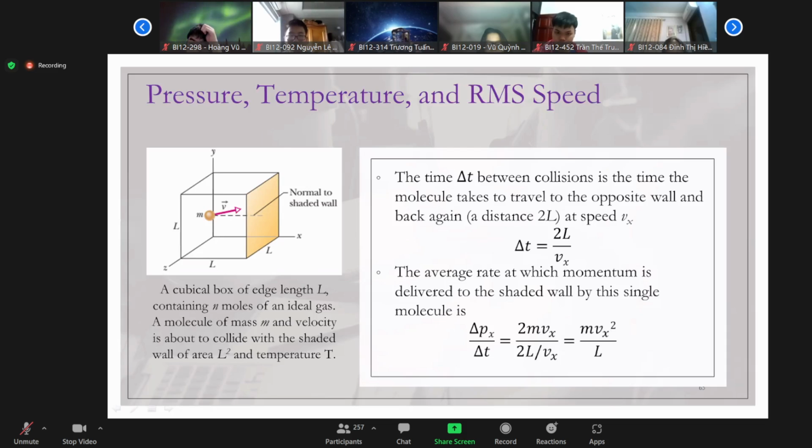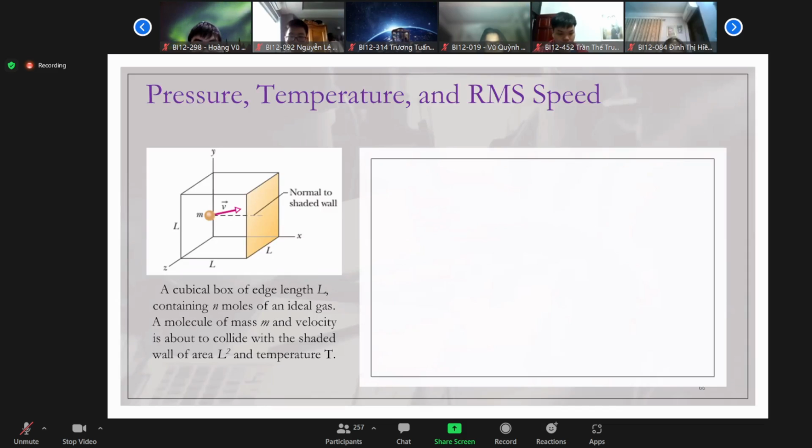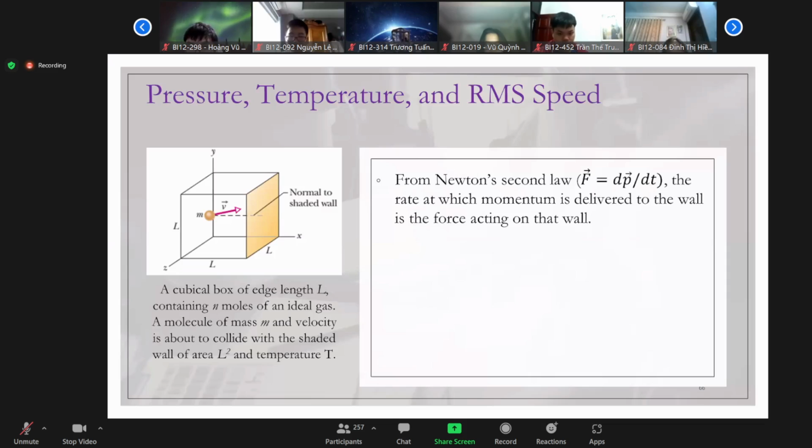Is it okay? This is the average rate at which the momentum is delivered to the shaded wall. What else? If we apply the second law, we know that the second law says that the force is actually related to the momentum over time t.